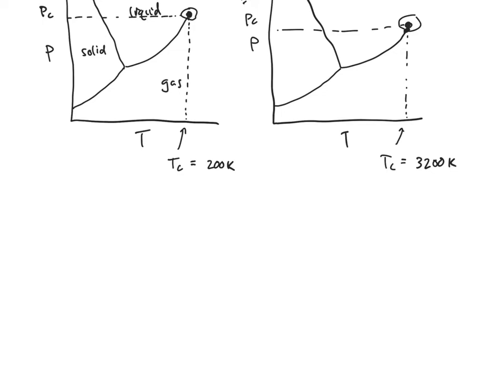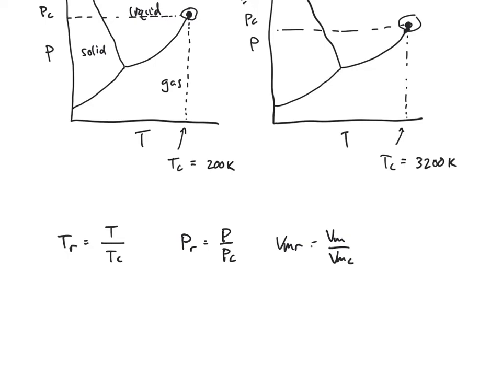So that means that for any given substance, any given real gas, I could calculate the so-called reduced temperature by taking the temperature of the substance divided by its critical temperature. And I could do the same thing with pressure and do the same thing with the molar volume.